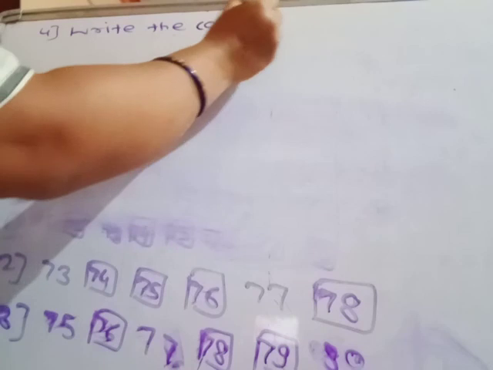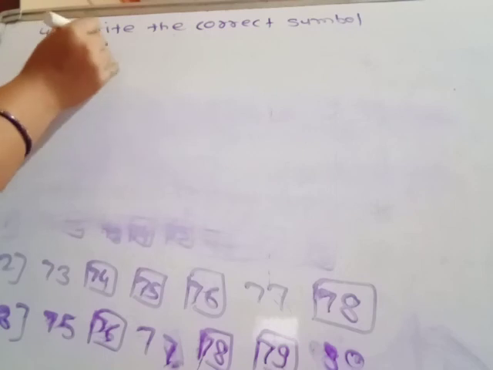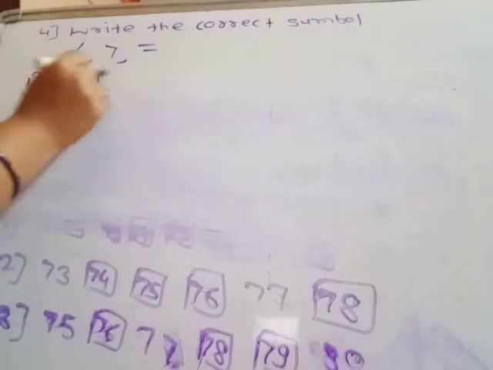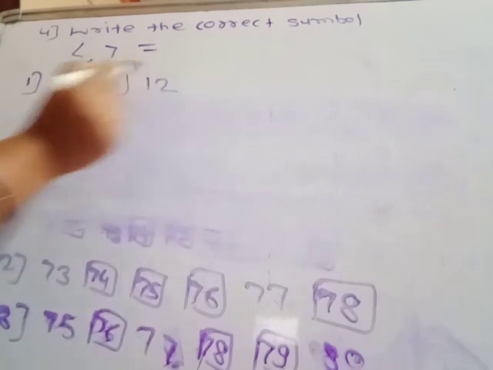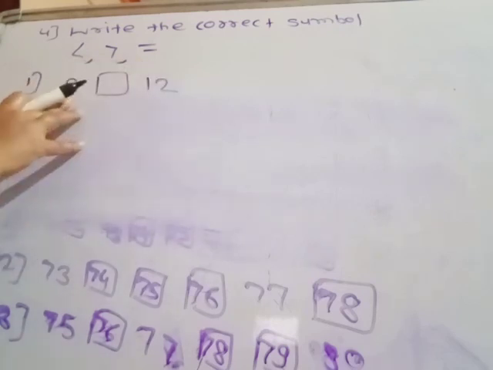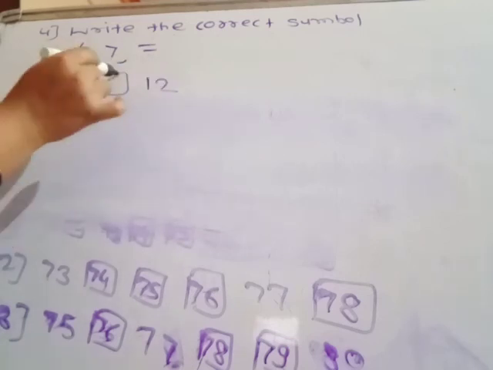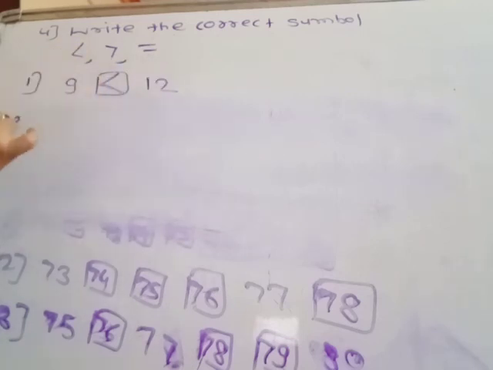Symbol smaller than, greater than and equal to. You compare these two numbers, left side number and right side number. Firstly you see here left side number 9. 9 is less than this 12. Then you write here the symbol of less than.